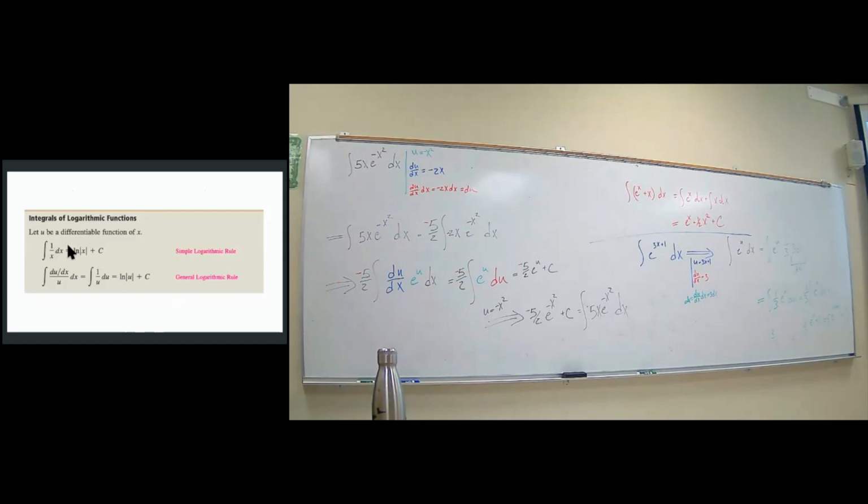Now, something weird happens with the integration of 1 over x. The integration of 1 over x is equal to the natural log of the absolute value of x plus a constant. Similarly, we can apply the chain rule to get the general log.